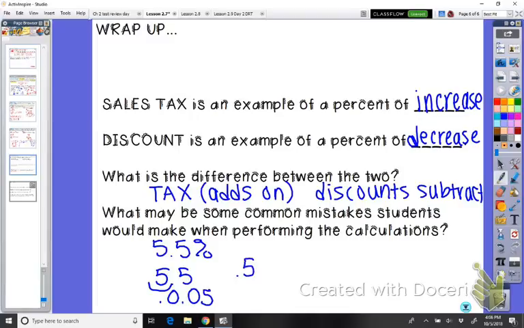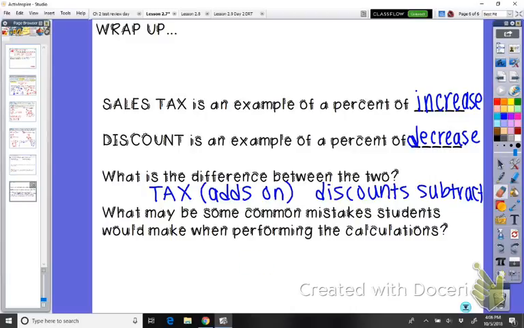They might think it's 0.55. So just be careful. Always take your percent and divide it by 100 to change it to a decimal. Always make sure that you're checking whether your answers are reasonable. Doesn't your answer make sense in the end? So go through that reasoning as well.